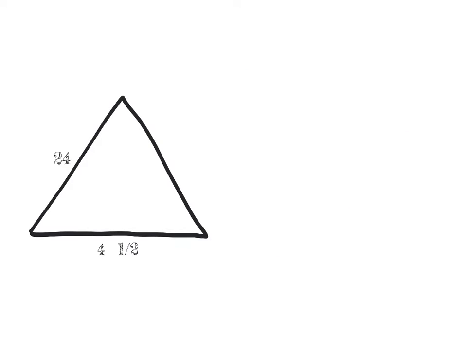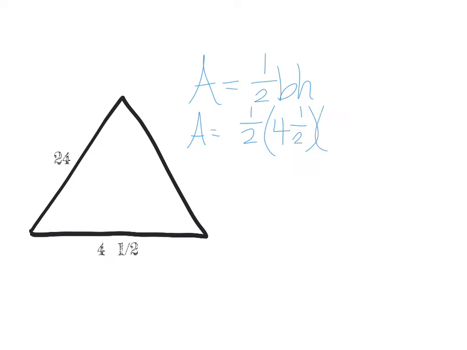Okay, let's try another. I'm going to rewrite my formula for finding the area of a triangle. Area equals 1/2 times base times height. Okay, I will fill in what I know. My base is 4.5. And my height is 24. So we are going to multiply 1/2 times 4.5 times 24.